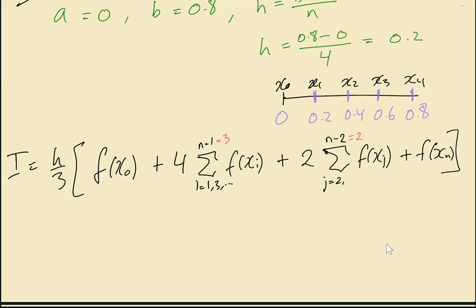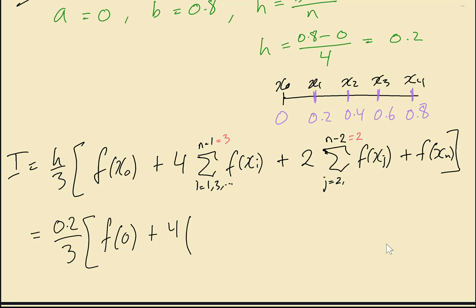All right, so looking at what we set up right here, we can easily know which ones are x0 and the next one and so on. But let's just continue with this. h is 0.2, so we can write 0.2 divided by 3. f of x0 is 0, so we can write f at 0 plus 4 times... we're going to have two terms now, i equals 1 and i equals 3.